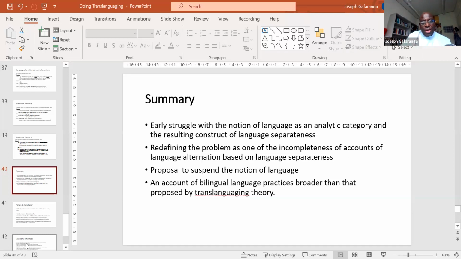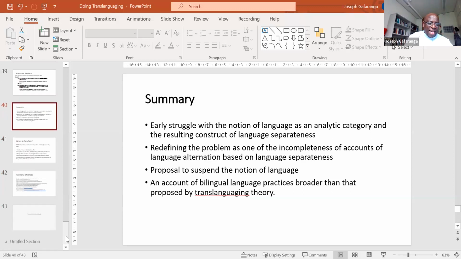At the end of the day, the account I end up with provides a broader picture of bilingual language practices than the picture proposed by translanguaging, because translanguaging theory would just account for one aspect. In fact, you might as well say that it too has to be suspended, just like the notion of language. But I'm not going to go into that.